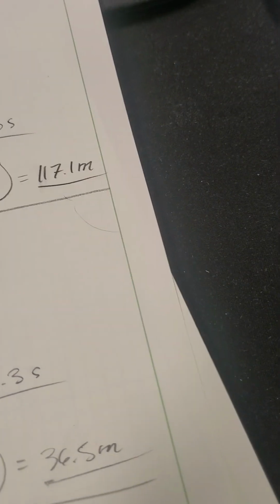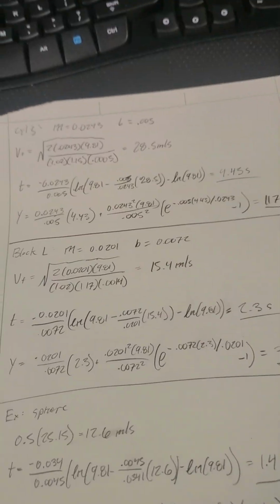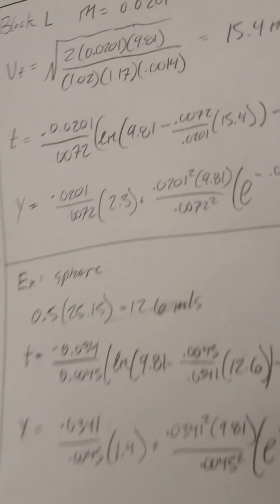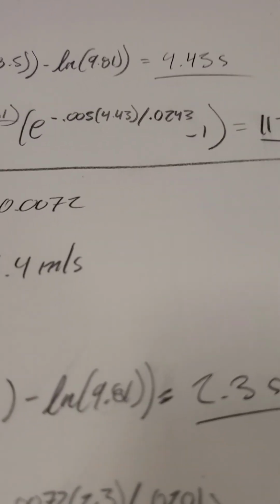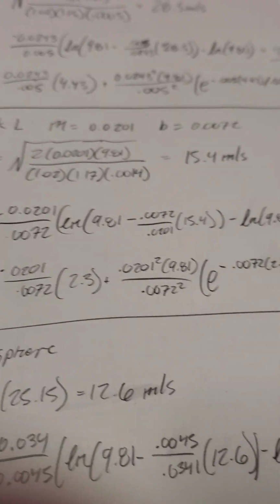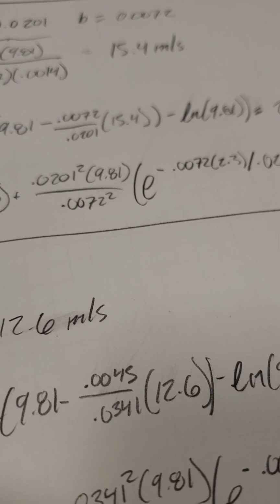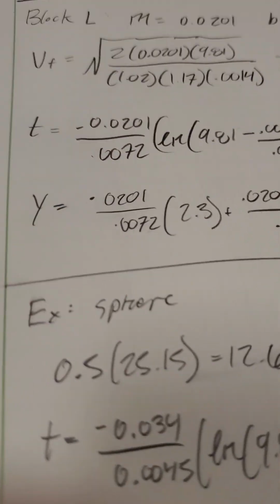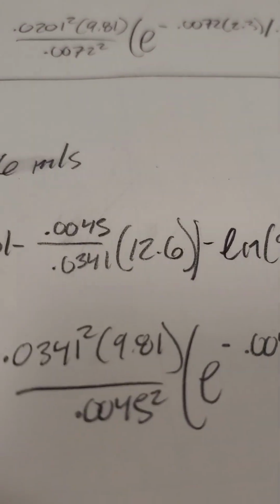I just wrote it here as positive because it's going in the negative y direction. So that's how I solved those and I went through and did it for all of them. So the sphere, golf ball, cylinders, and then for the last part, calculating how long it will take to get to a percent of the terminal velocity.